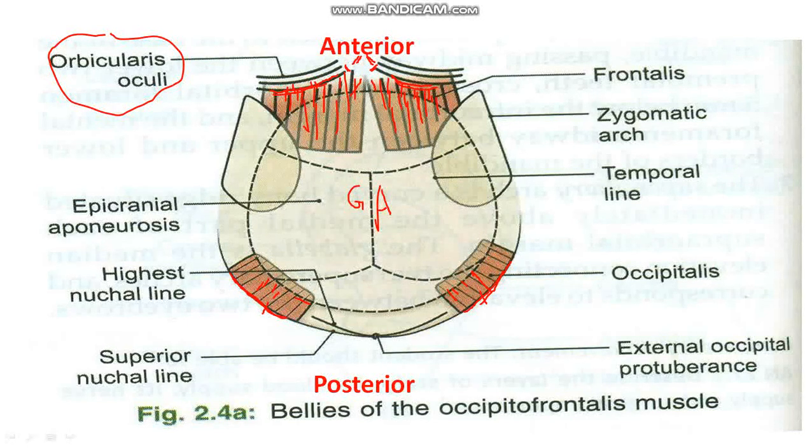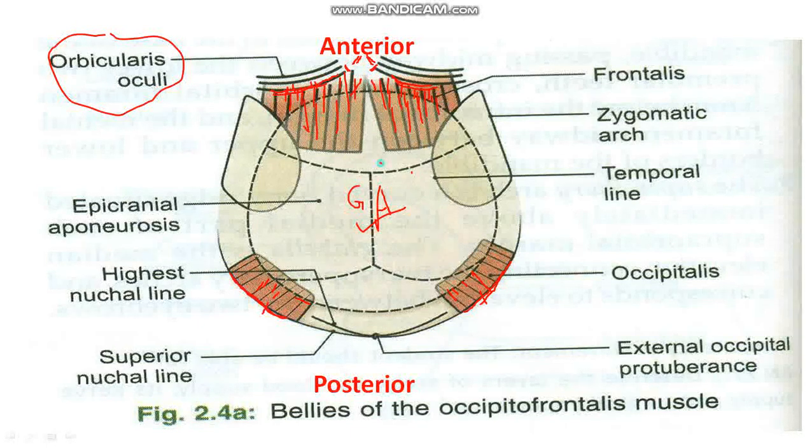The fibers of the frontalis and occipitalis later change into the Galea aponeurotica. This Galea aponeurotica is a sheet of fibrous tissue which connects the occipitalis and frontalis muscle.